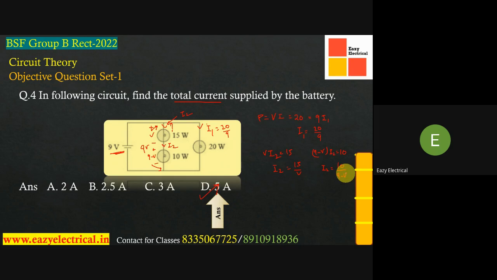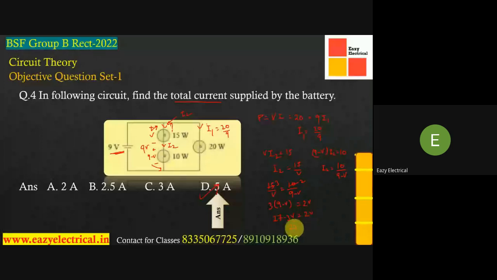Now see here, these two terms are actually... 3 into 9 minus V, sorry, 5V, right?